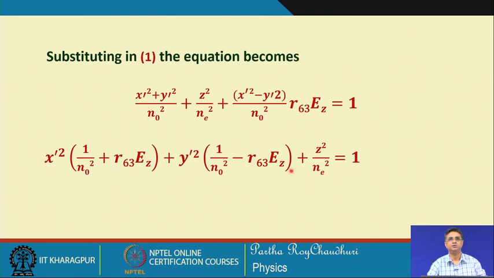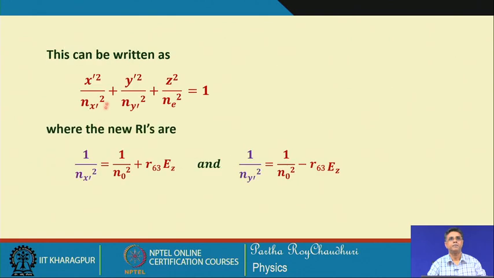If we write this equation in this form, x prime square by n x prime square, and y prime square by n y prime square, like this, then the new refractive indices will be equal to this. For x it is this, and for y there is a minus sign. So, by an equal amount it is increased, and by the same amount this quantity is decreased.